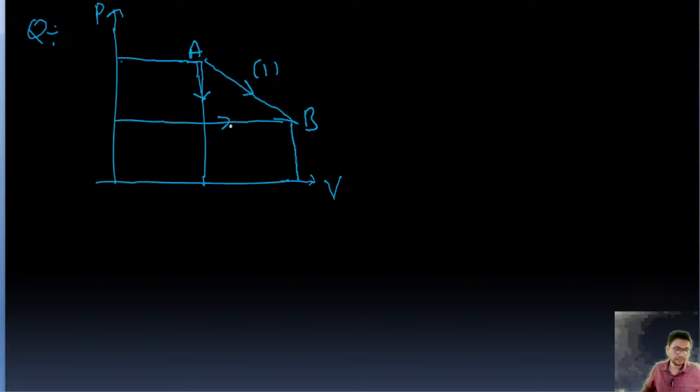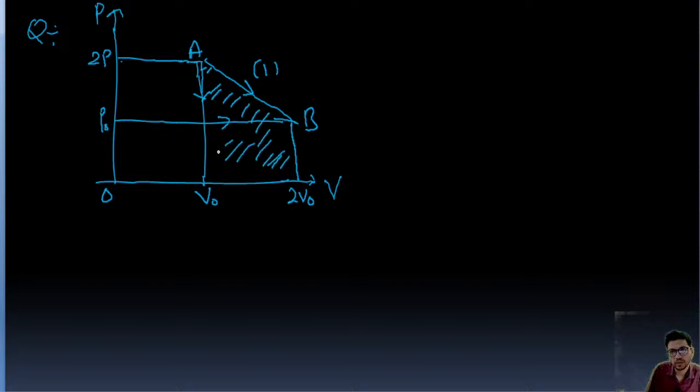And this is 0, this is V naught, and this value is 2 V naught, and this is P naught, and this is 2 P naught. So now we have to find the work done.